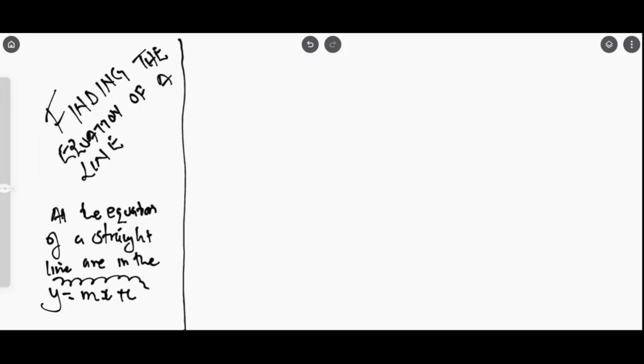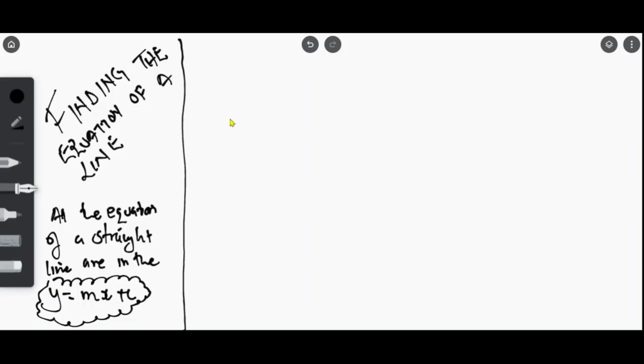This is all the equations of a straight line. They have that form, where m and c are constants.